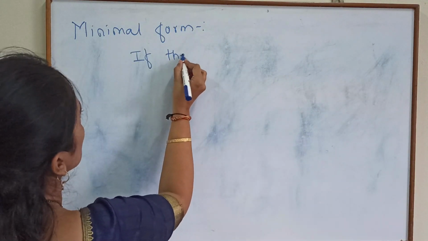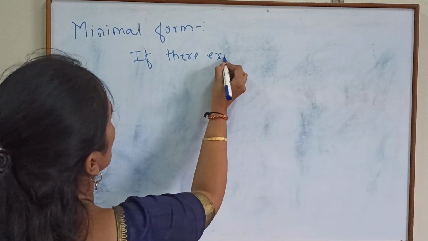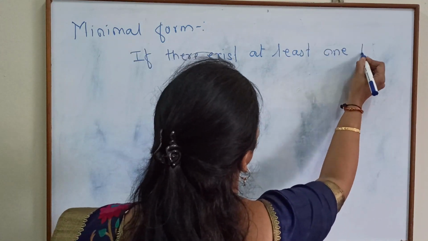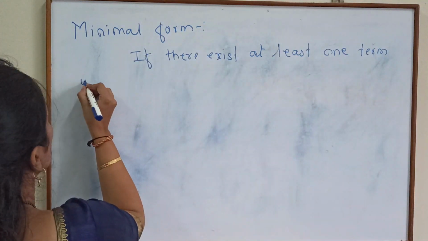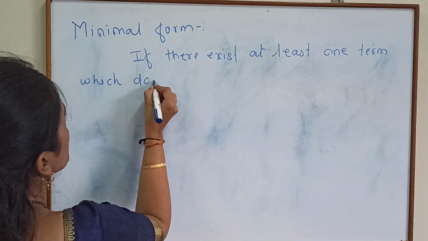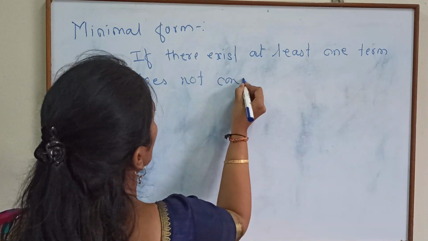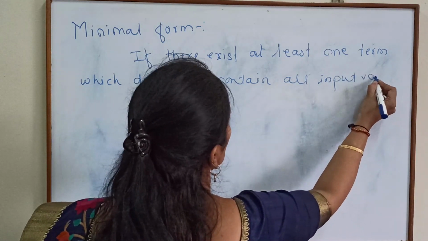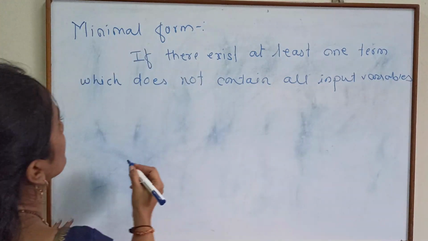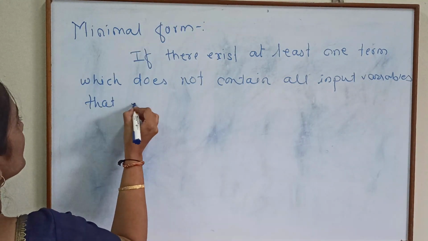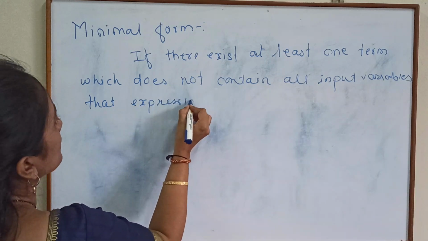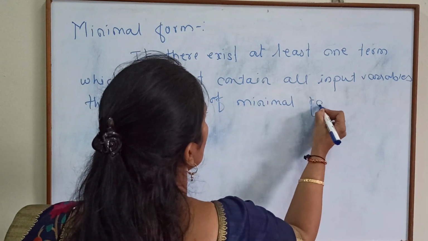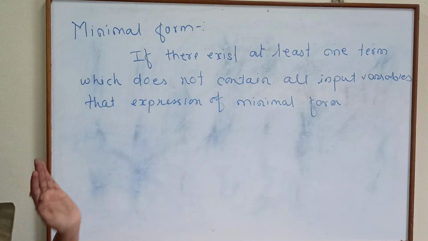If there exists at least one term which does not contain all input variables, that expression is of minimal form. It is exactly the reverse of canonical or standard form.